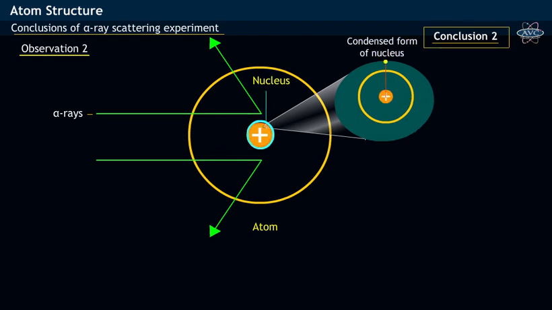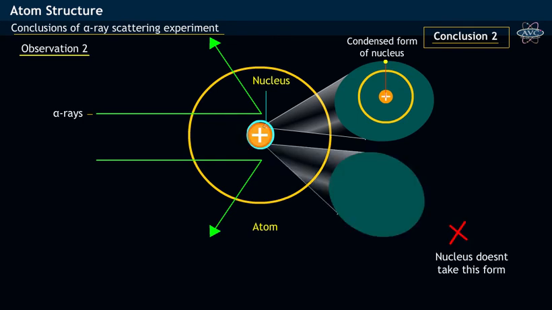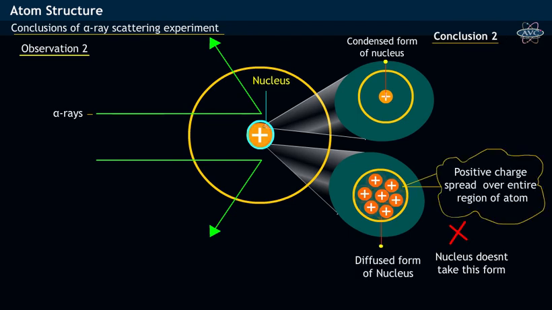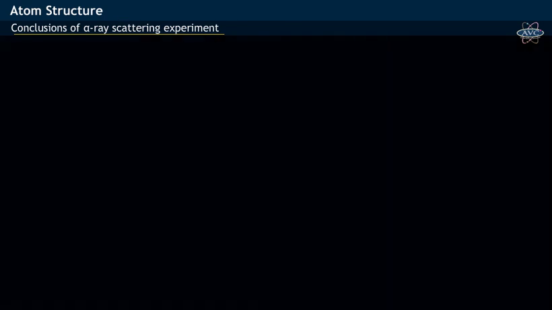This conclusion of Rutherford ruled out the existence of positively charged species in an atom in diffused form, with positive charge spread all over the atom, as suggested by Thomson's watermelon model.